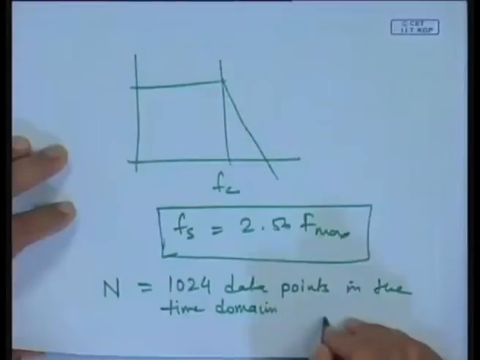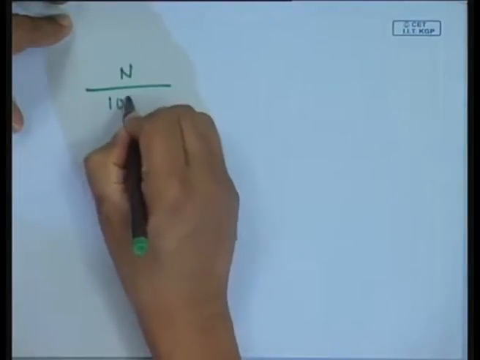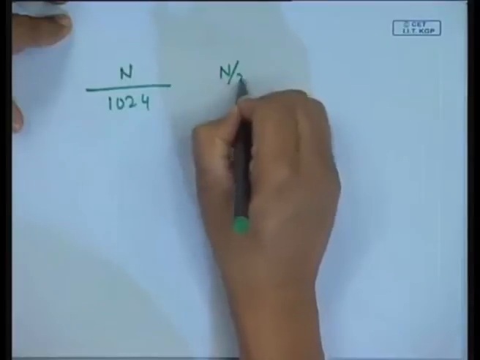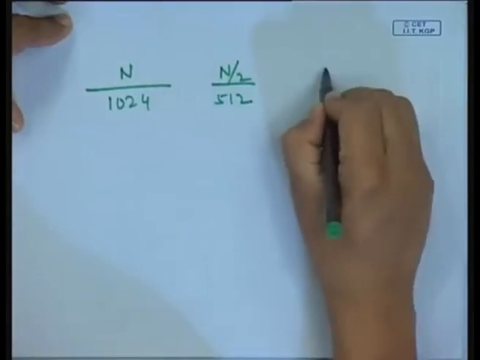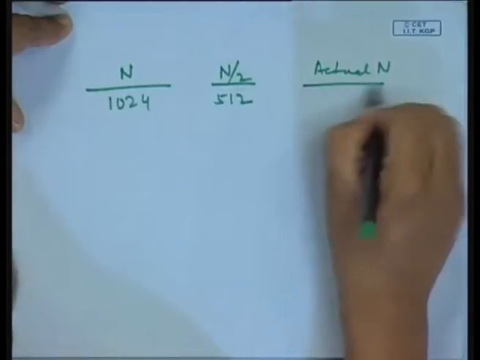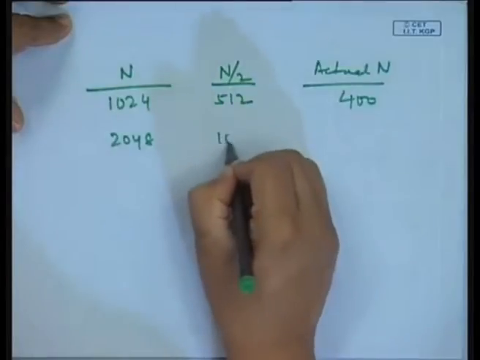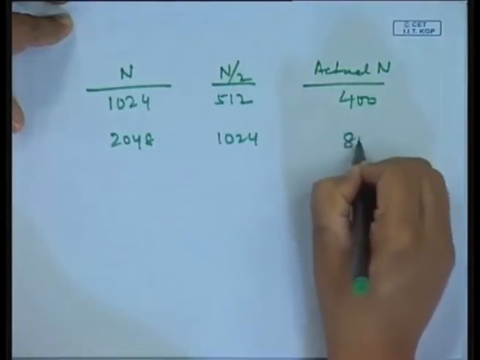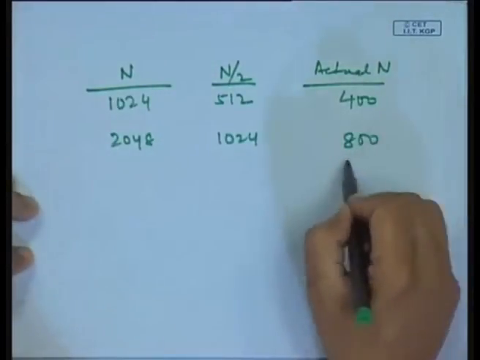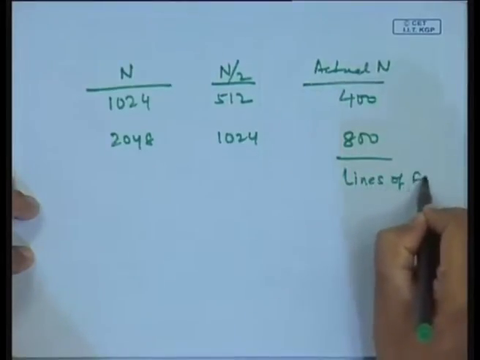So, when n is equal to 2048, this will become 1024, this will become 800, and these are commercially known as lines of FFT.